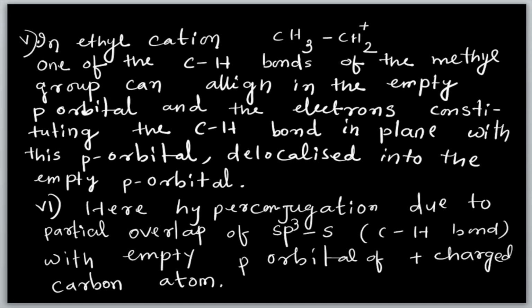I told you in this CH2 group there is a p orbital which is empty, and here three hydrogens are present with three sigma bonds, overlapping of sp3 with s orbitals. The C-H bond of the methyl group aligns, that means it is in the same plane as the empty orbital, so the electrons constituting the C-H bond in plane with the p orbital delocalize into the empty orbital easily.